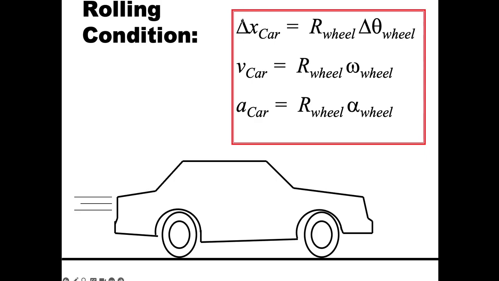The change in the car's position is going to be the change in the angle, as measured in radians, times the radius of the wheel. The acceleration of the car is going to be equal to the angular acceleration of the wheel times the radius of the wheel.